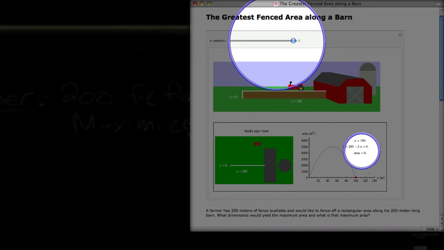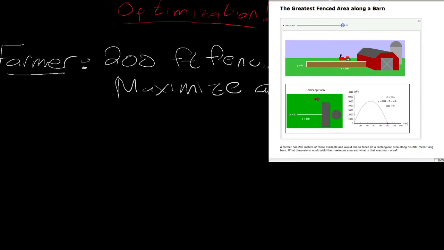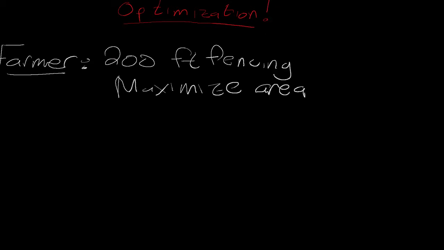So that's the idea. Now the question is, how do we actually find that? How do we get this picture and actually calculate it? That's what we're going to do right now. So we have 200 feet of fence, and we also have the barn.